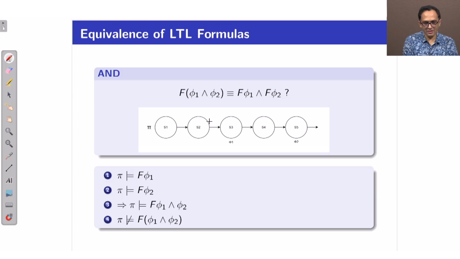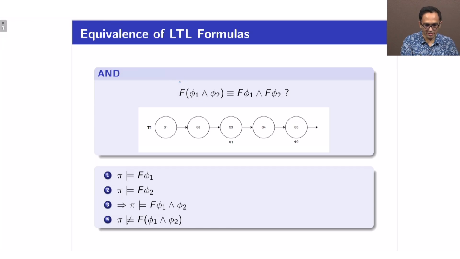Now let us see this for AND. Let us concentrate on the AND operator and the future operator, right? We'll try to see whether the eventual operator distributes over the AND operator or not. So I'll just check whether this is equivalent or not.